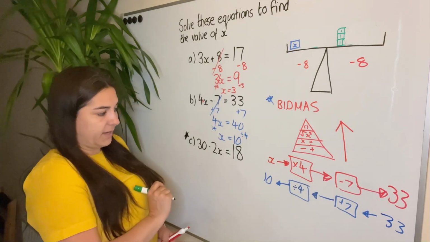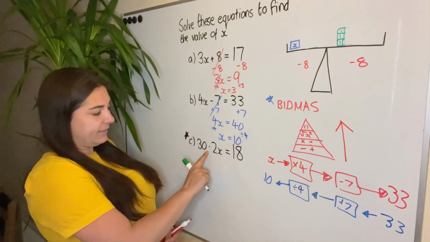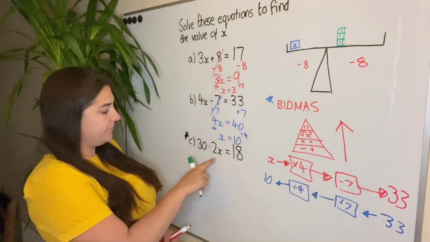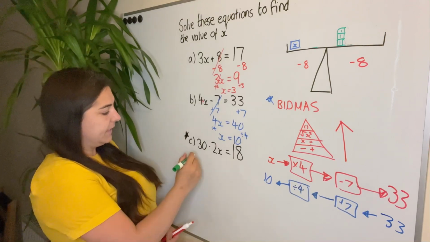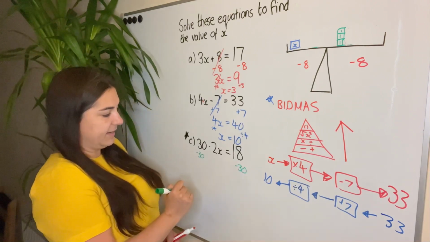So I always do the reverse. I've got a negative 2x, because remember the sign always belongs to the term after it. I've got 30 over here. So I'm going to subtract 30 from both sides.